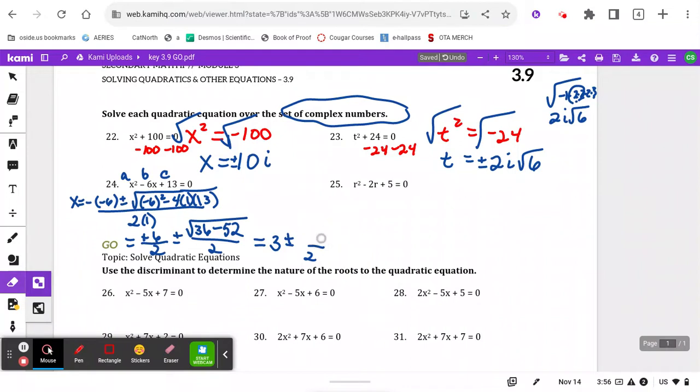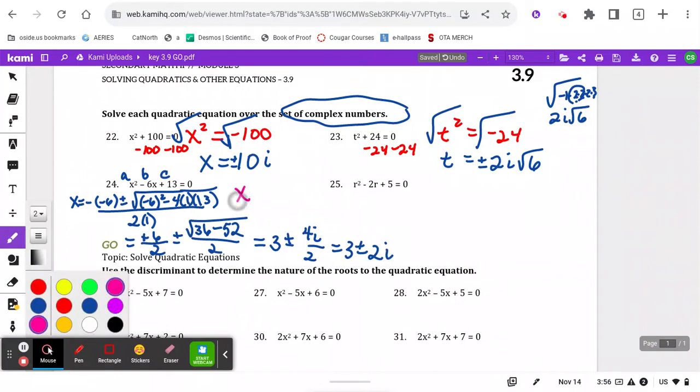So we can go ahead and put in the plus or minus 4i, and 4 divided by 2 gives me 2.